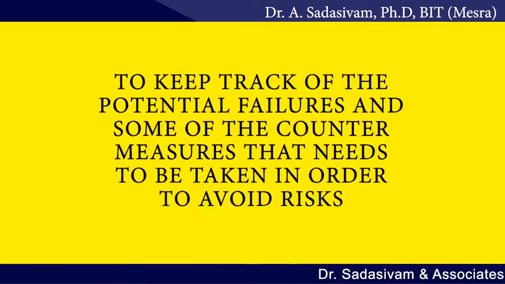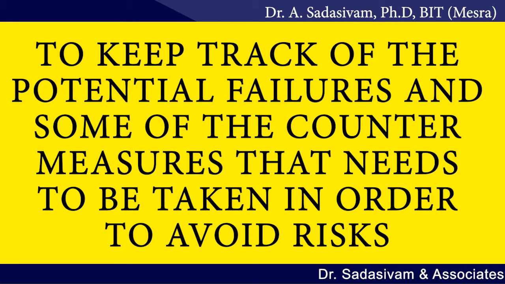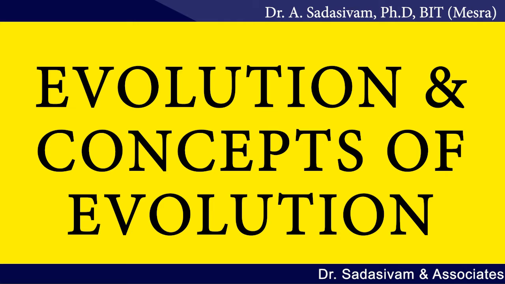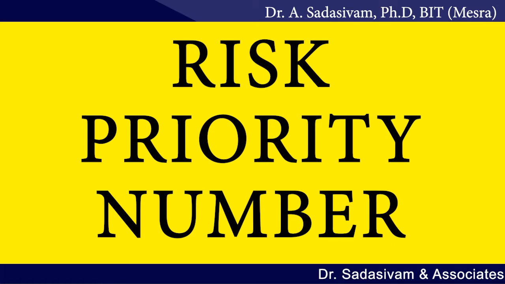Why is it required? It is required to keep track of potential failures and the countermeasures that need to be taken to avoid risk. If you look at the evolution and concept of FMEA, there is something called RPN. RPN stands for Risk Priority Number. So what is this number? When you come to the training workshop, we will talk in detail about this concept, and we will also take up specific examples from the industry to reinforce it.